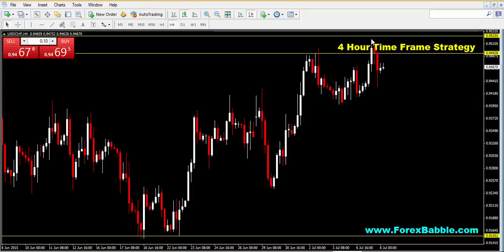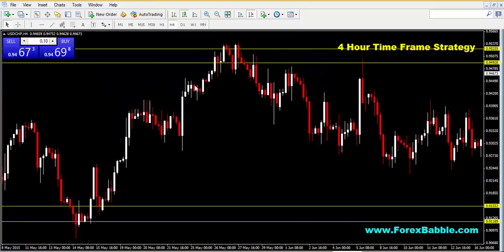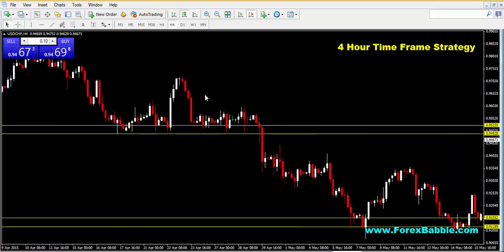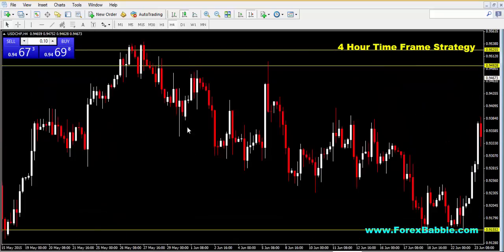It double tapped it, and so this is very powerful, you guys. I hope you really understand. If you notice what price does, constantly going back and forth, you just look for those areas, you look for those signs that the market is going to go in either direction, and you play on it.